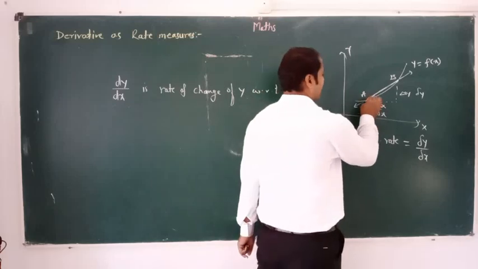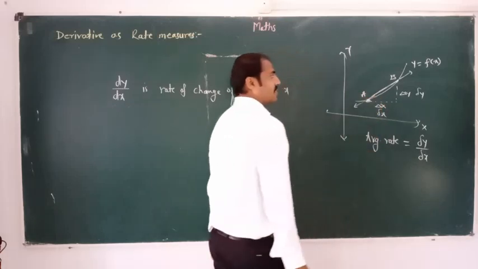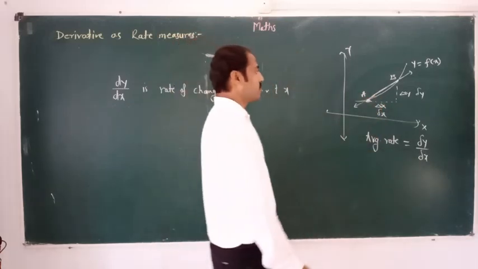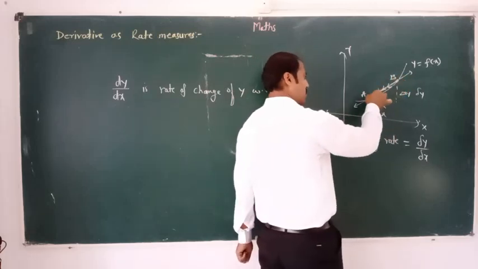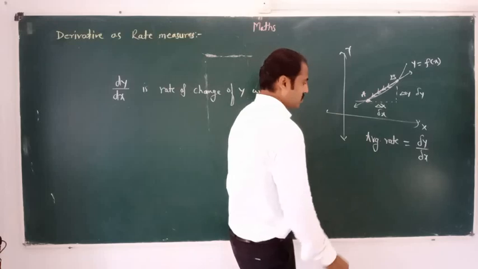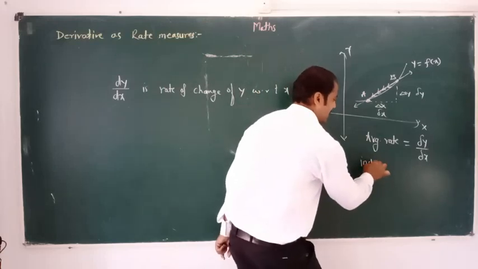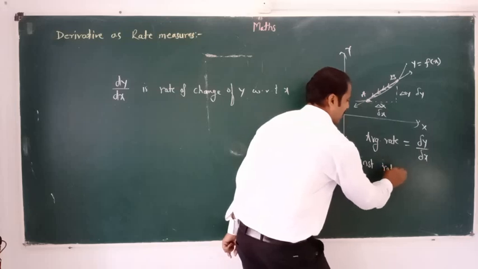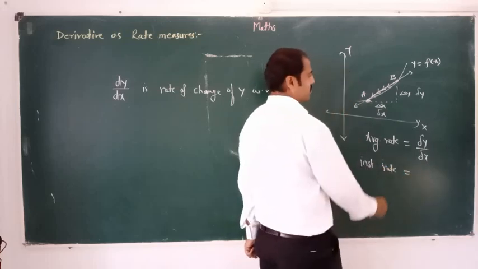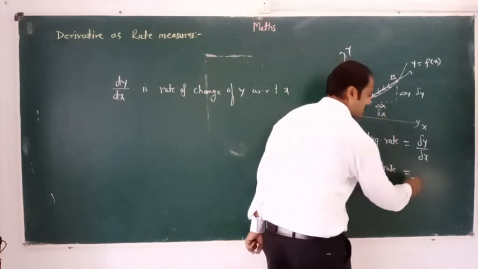But to find the instantaneous rate at the point A, we have to move the point B towards A. So the instantaneous rate is when this delta x becomes 0.